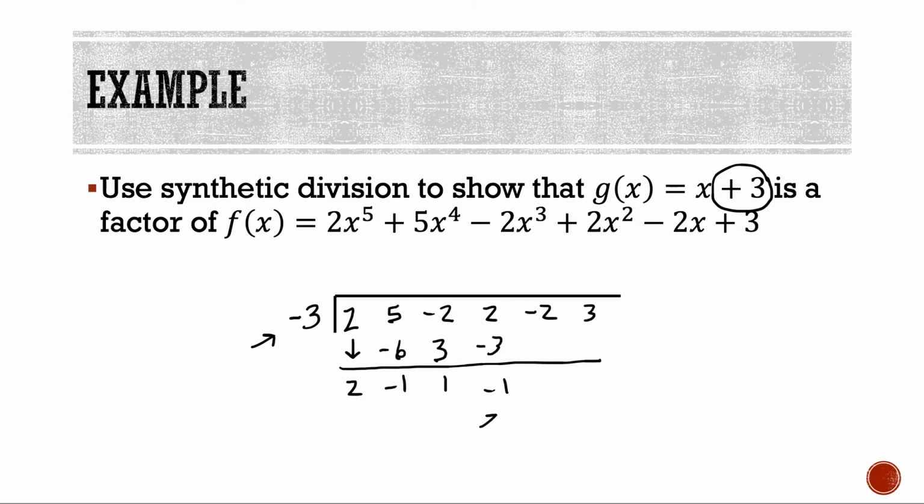Negative 3 times negative 1 is positive 3. And when I add, I get positive 1. And then finally, negative 3 times positive 1 is negative 3. And when I add, I get 0.